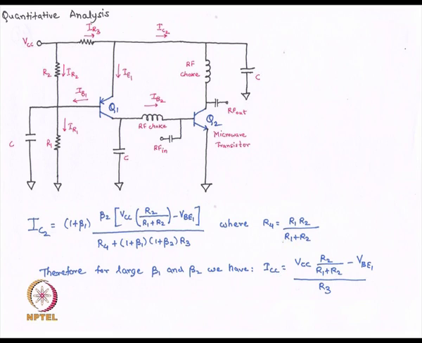From this formula we see that if beta 1 and beta 2 are quite large, then IC2 will reduce to this value, which is a constant value. So, by this feedback mechanism, we ensure that the total collector current flowing into Q2 is constant. Thank you.